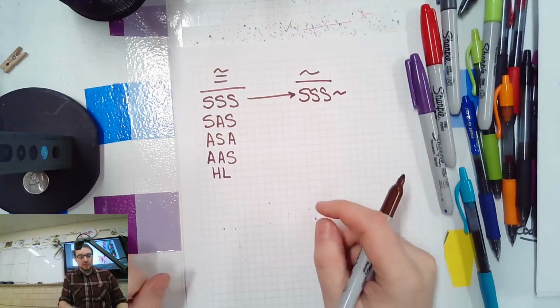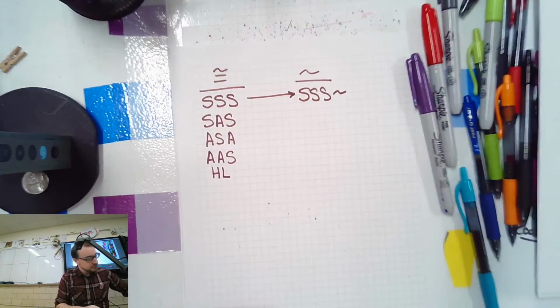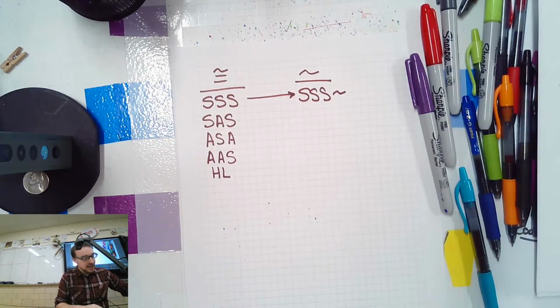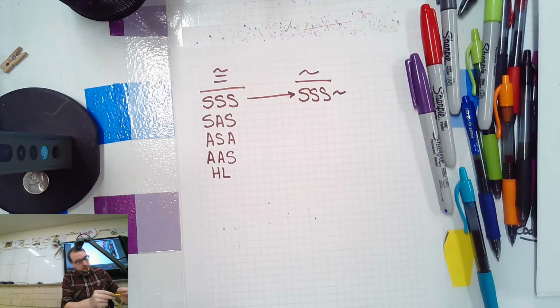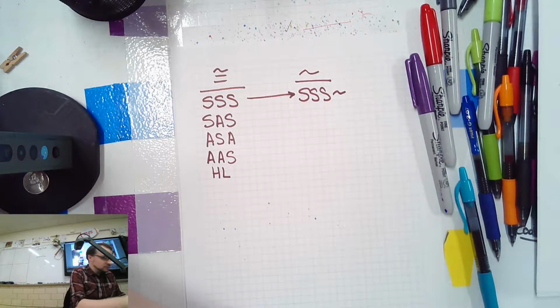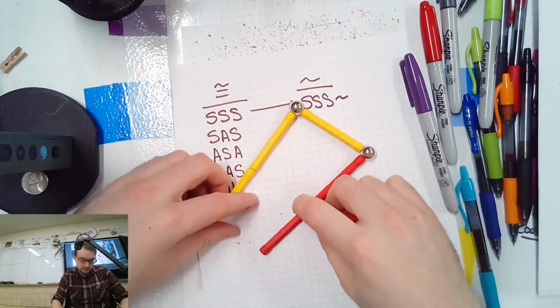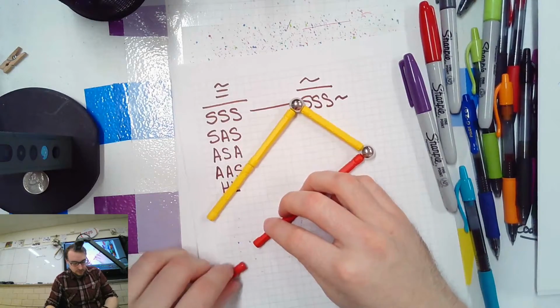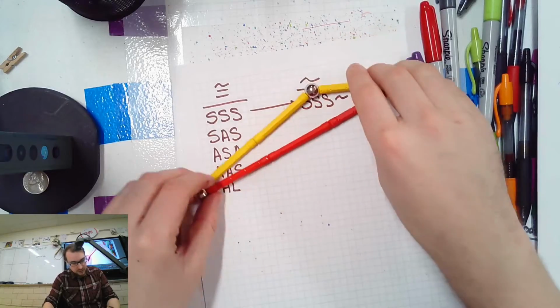Cool. Let's talk about other ones. On the left side, if I have a triangle like this, all right, cool.